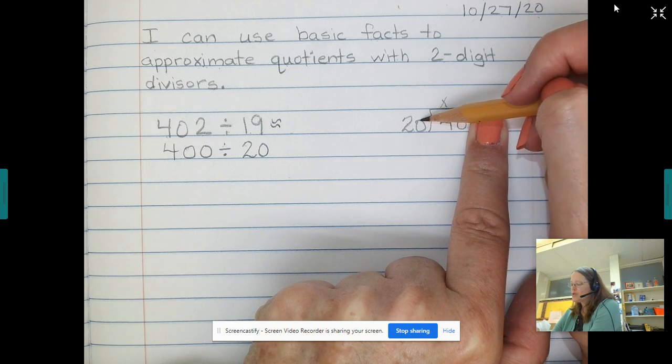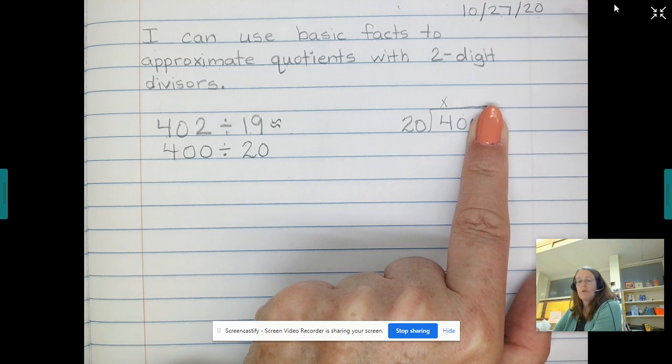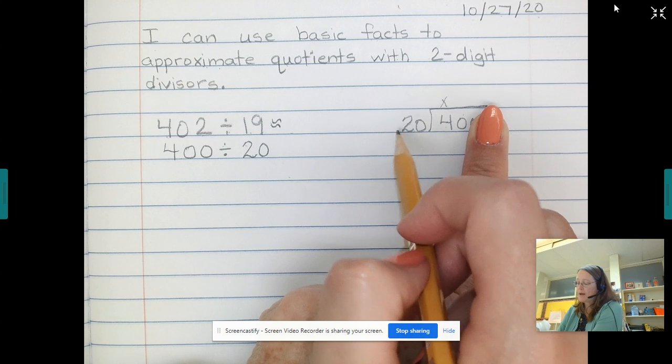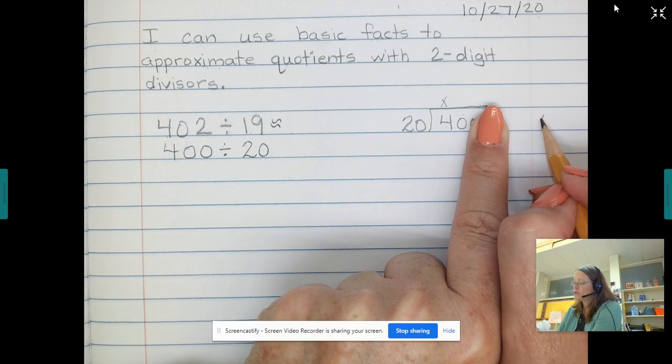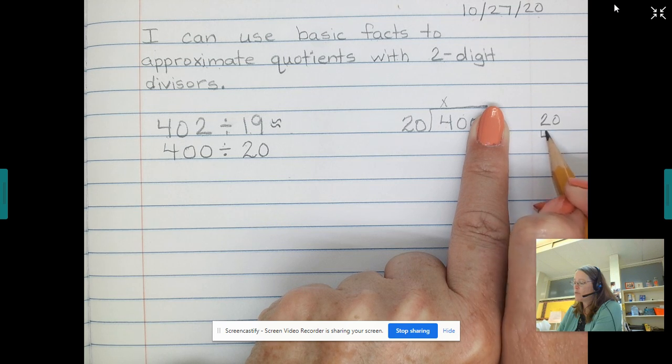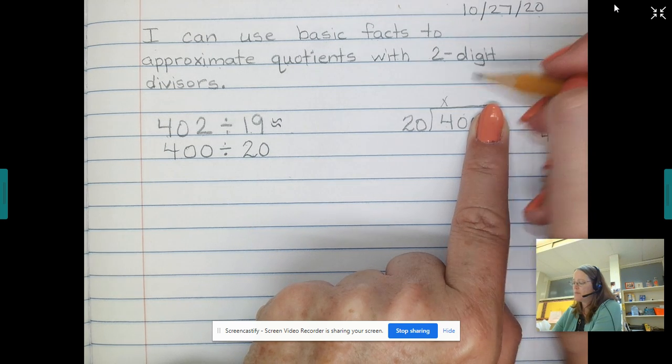How many times does 20 go into 40? Well, if I skip count by my divisor, let's see here, 20, 40. Oh, there it is. I skip counted 1, 2 times.